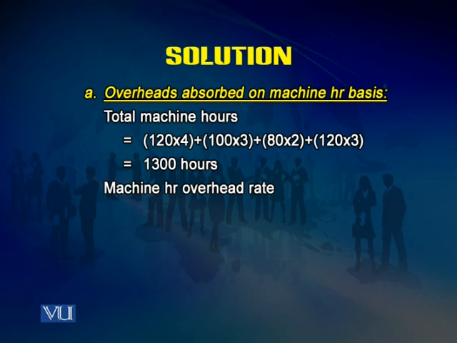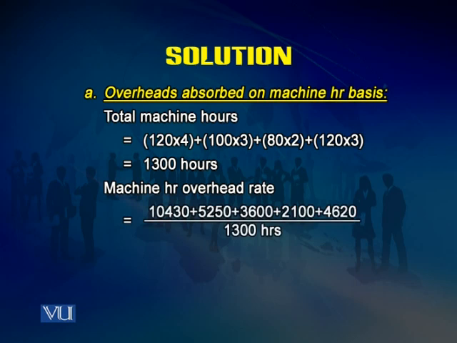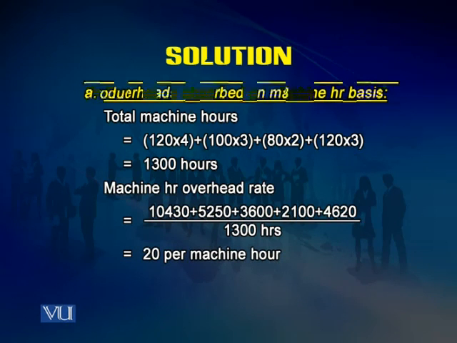To establish the machine hour overhead rate, we will take all the overheads that were given and total them and divide them by the 1300 hours of machine hour time. This gives us a rate of absorption based on machine hours of rupees 20 per machine hour.